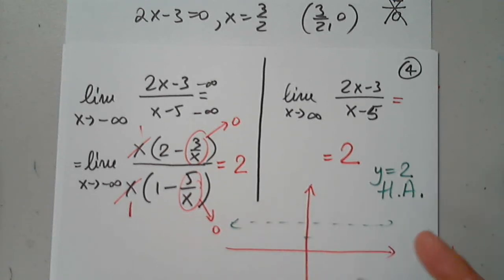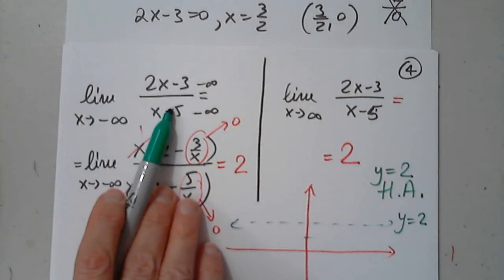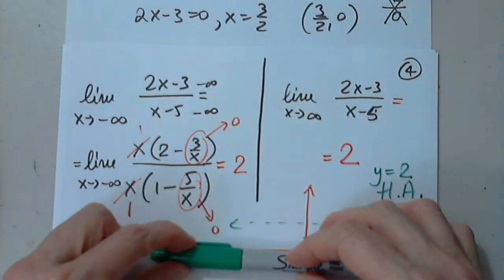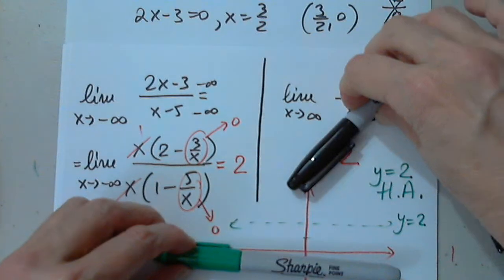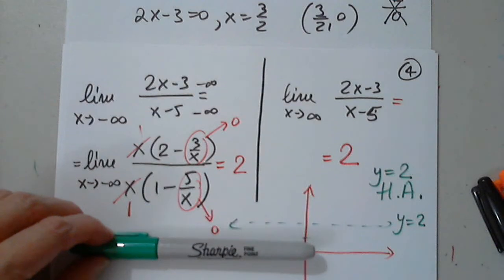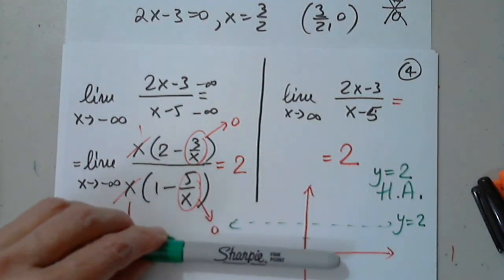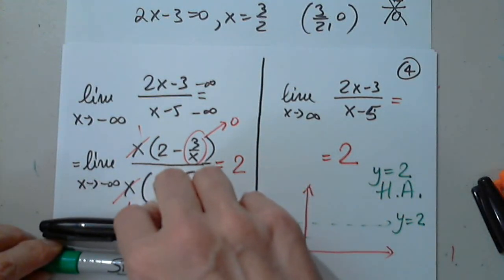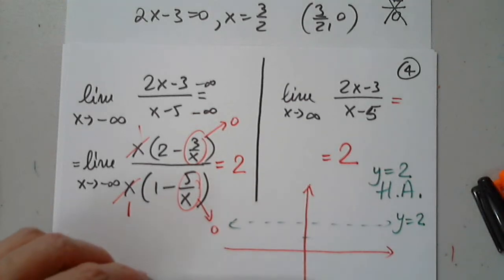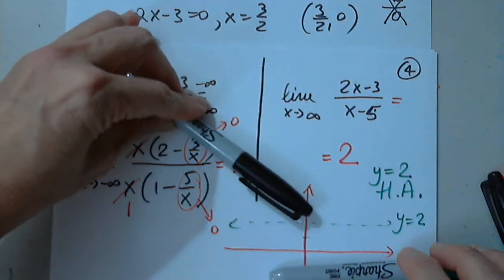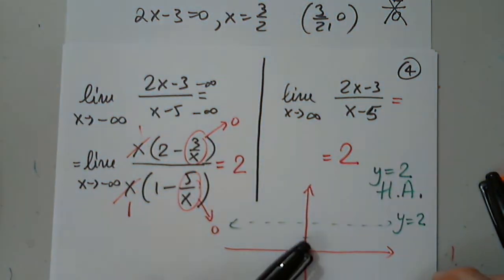It cannot be a solid line. y equals 2, which means that when x approaches negative infinity, the function values get closer and closer to 2, from above or from below. As x approaches positive infinity, the function values get closer and closer to 2, maybe from above or maybe from below. It doesn't matter.